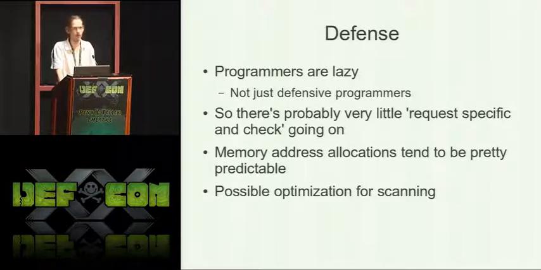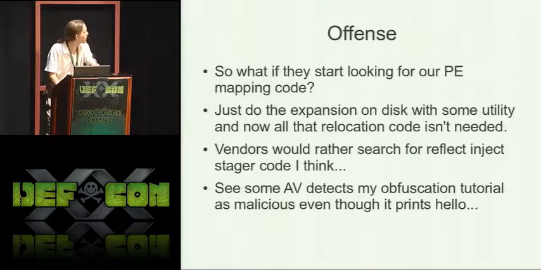Most of them are just going, hey, when I want to inject, I'm just going to request that you allocate a certain size, and you get contiguous pages in memory, and the base of those pages tends to be pretty sequential. So if you wanted to optimize your scanning for where reflectively injected DLLs might be, one way to do it would be, from a defensive perspective, to intentionally insert yourself into another process and see where the allocation happens, and then work backwards from there, so that you're not trying to scan all of memory all the time. Just a possible optimization.